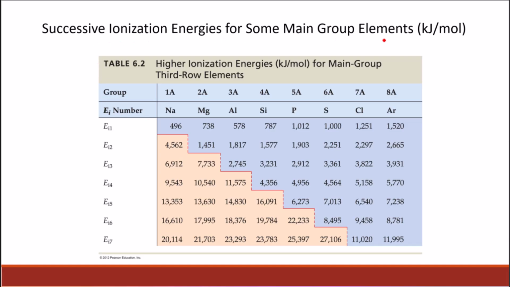Successive ionization energies for some main group elements. This is group 1 and 2, 5, 6, 7, and 8. Just taking a look. This is the amount of energy required to remove an electron from sodium. You can see that it's very low. The reason that it's very low is because sodium has that 3s1 electron.